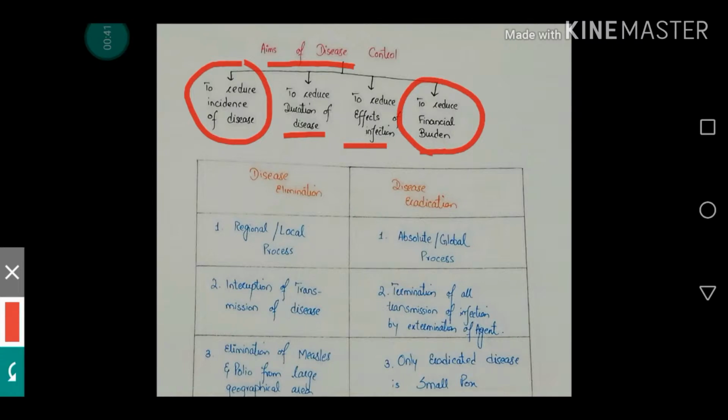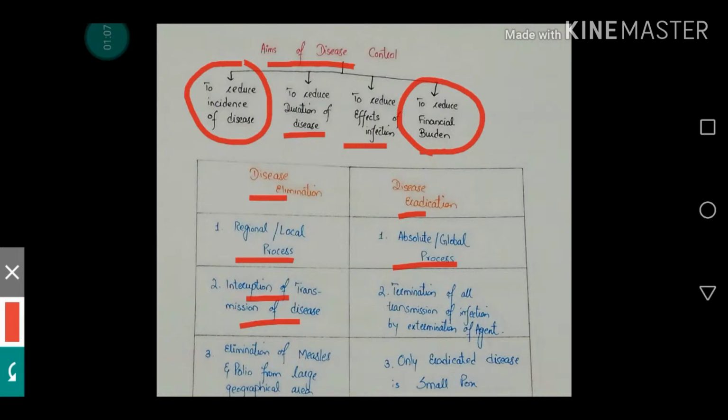Now, talking about disease elimination and disease eradication. Disease elimination is a regional or local process. However, disease eradication, on the other end, is a complete, absolute, or global process. Disease elimination is defined as interruption of transmission of a disease at a certain area.